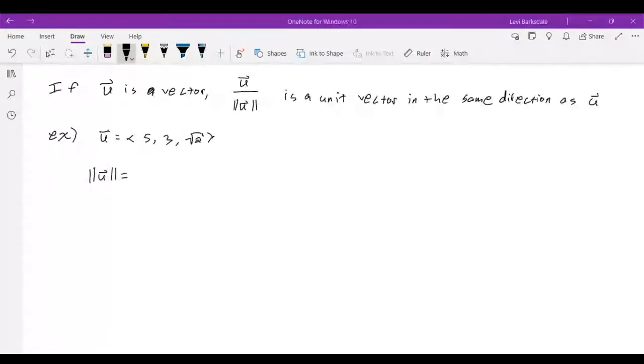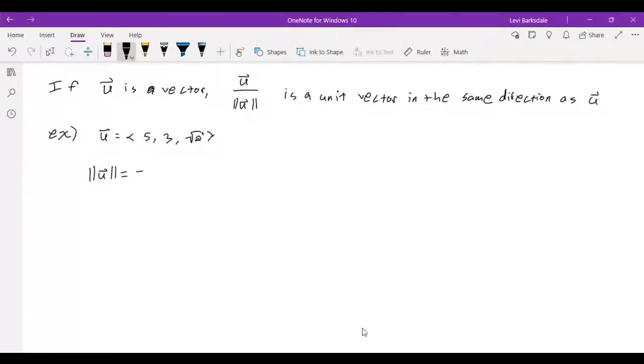That's going to be the square root of 5 squared is 25, plus 3 squared is 9, plus root 2 squared is 2. 25 plus 9 is 34, plus 2 is 36, which gives us 6. So then u divided by the magnitude of u would be 1 over 6 times our vector u.